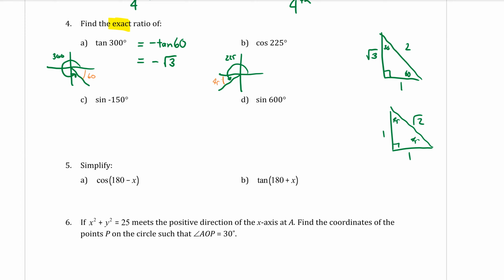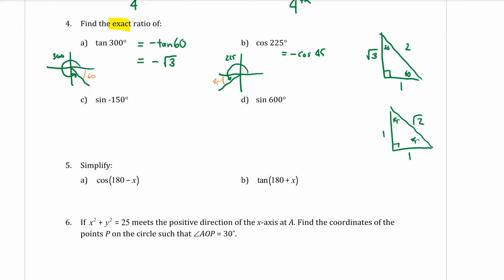To the horizontal, always go to the horizontal. So cos of 225 is going to be equal to cos of 45, but is it positive or negative? Negative, because that is the tan quadrant, and we're doing cos. So we need to put a minus sign in there. Negative cos of 45.